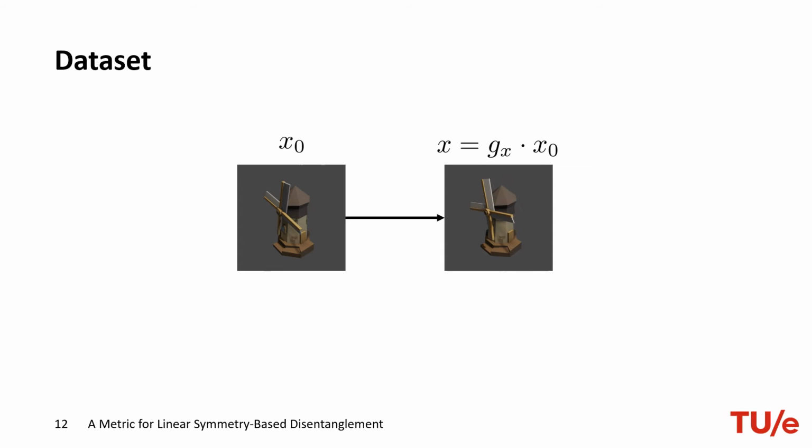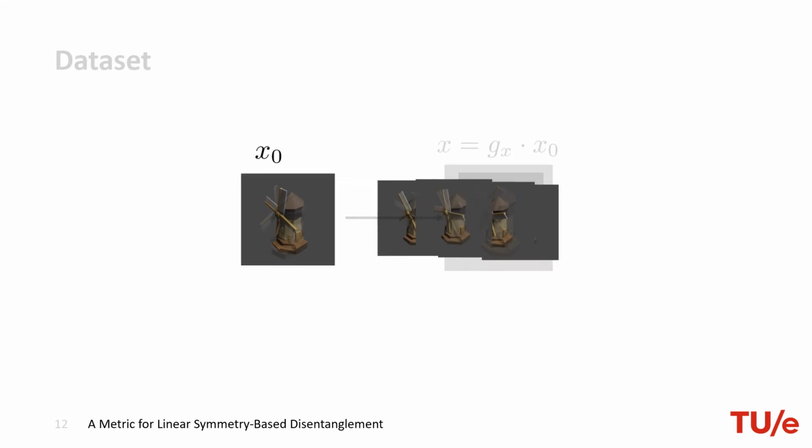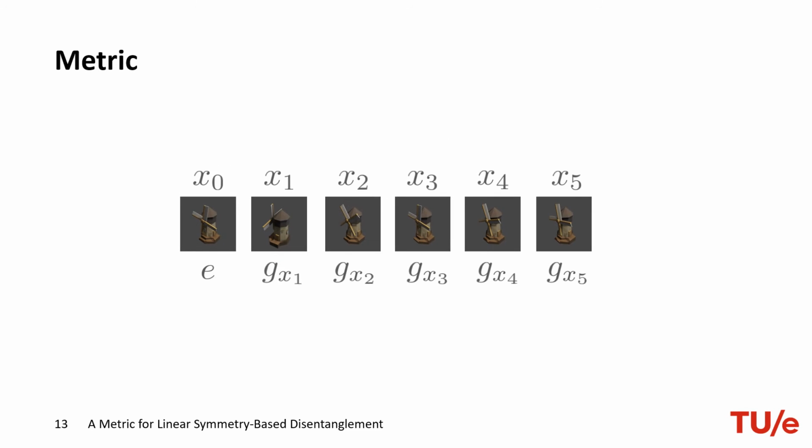In particular, in our work, we have focused on combinations of SO2 rotations, as in the example of the windmill rotations. We also require that each of these data points has the associated group transformation that was used to generate each data point from the base point x0.